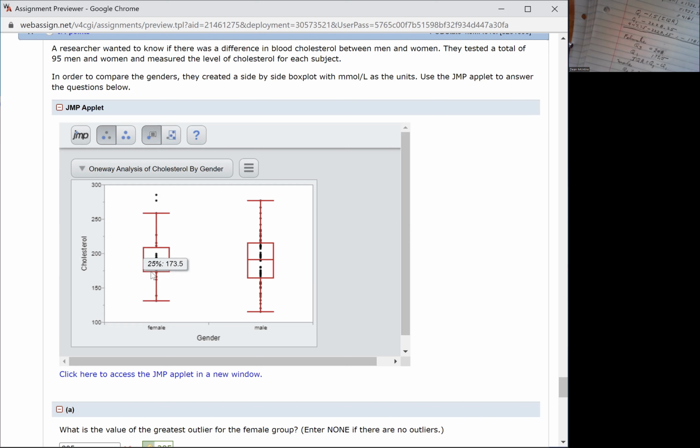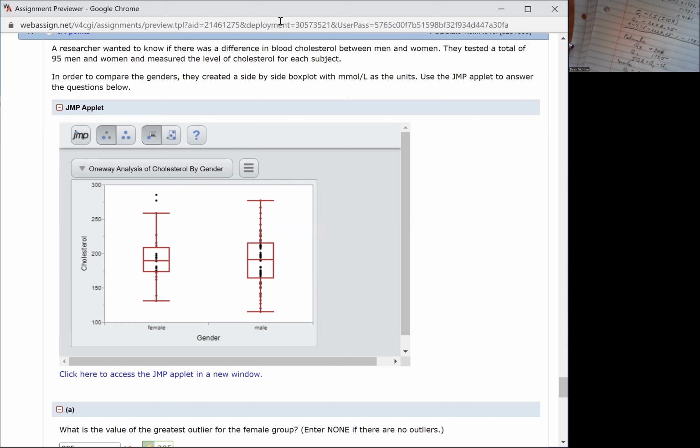Okay. Now let's do it for the male. This line here, that's the 75th, so it's 215. Okay, that's 75%. That's Q3. And this one is 25%. And that's 164.